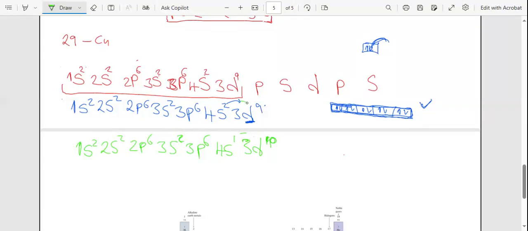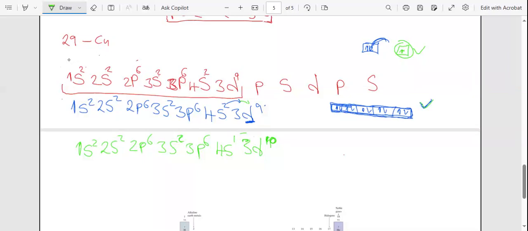So it has given that electron and it is now 10. So this one is now stable. Then that one will remain with the single electron, and it is comfortable with this because it doesn't want any force. In fact, this electron can even be used to bond with other molecules.